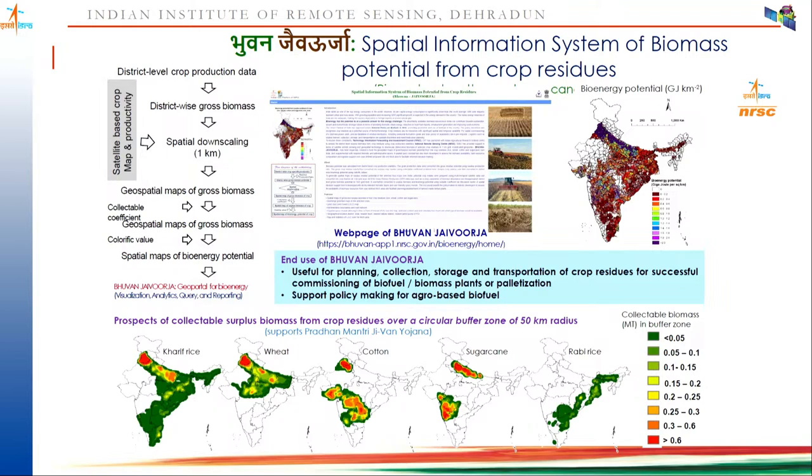So we can track biomass, which are the best crops that can provide higher biomass for generating biofuel energy, or we can also use those crops as a measure for carbon sequestration and so on. These maps can all be generated with satellite data, GIS, and other ground-based observation.